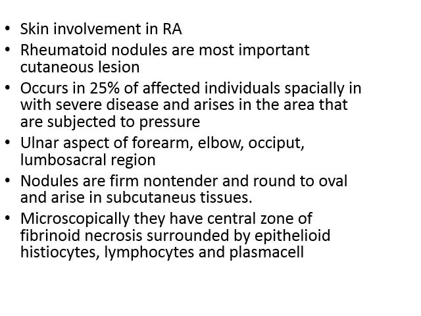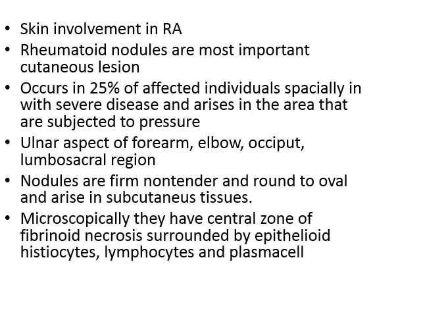Now the skin involvement in rheumatoid arthritis. Rheumatoid nodules are the most important cutaneous lesion. They occur in 25% of affected individuals, especially in severe disease, and arise in areas that are subjected to pressure. So, where pressure effect is present, the nodules appear in that area. What are the areas?